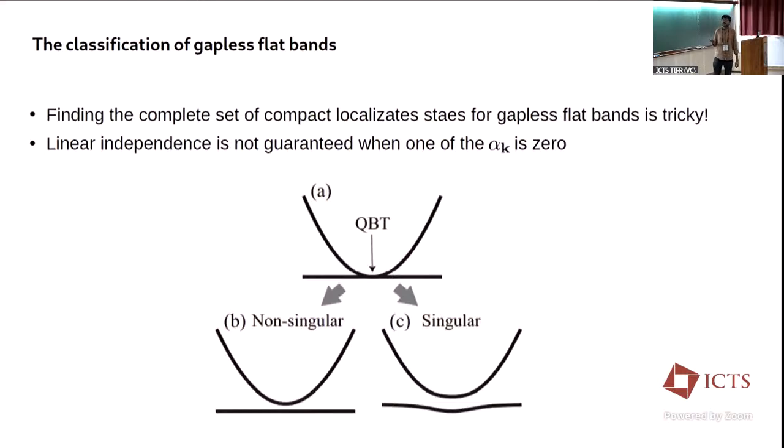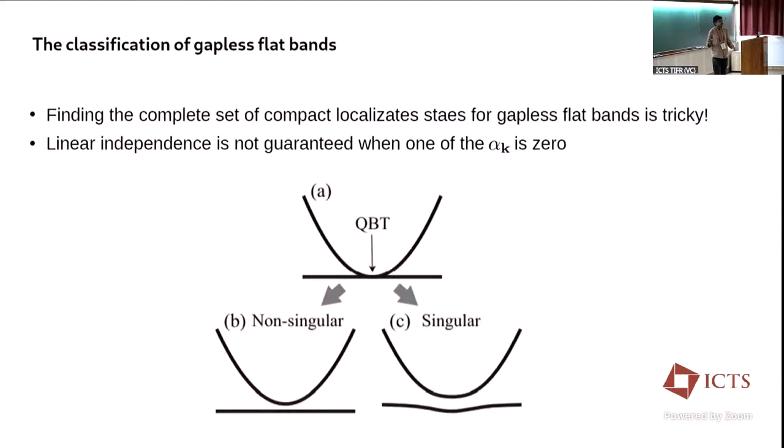For the singular flat band, it turns out that if you construct this matrix to characterize the linear independence, it has a vanishing determinant, because one of these alpha k that I showed in the previous slide, which appear in the coefficients of this expansion, can be 0. That means there is a singularity. That matrix is non-invertible, and for that we call this kind of flat band a singular flat band.